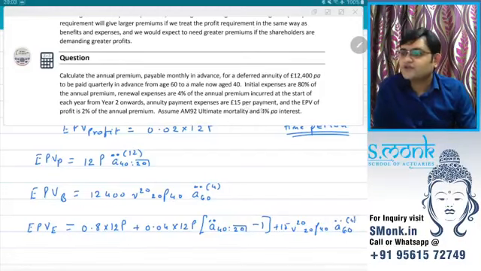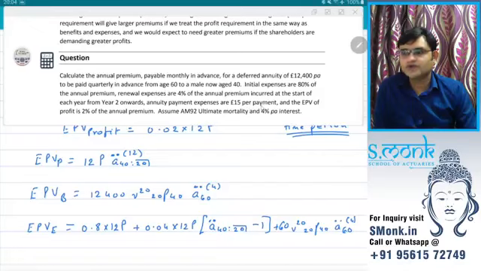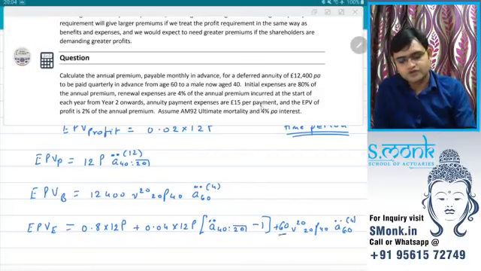They are saying 15 per payment. In a year we have 4 payments, so it should be 15 into 4, that is 60. So the annuity payment expense becomes 60. So these are our expenses.